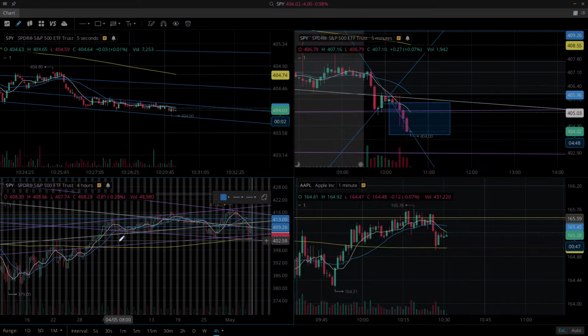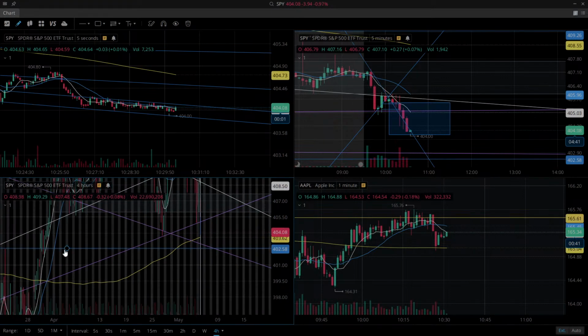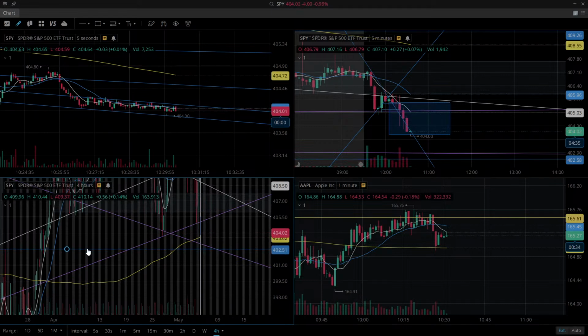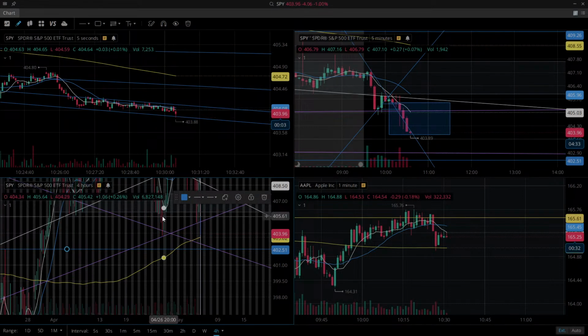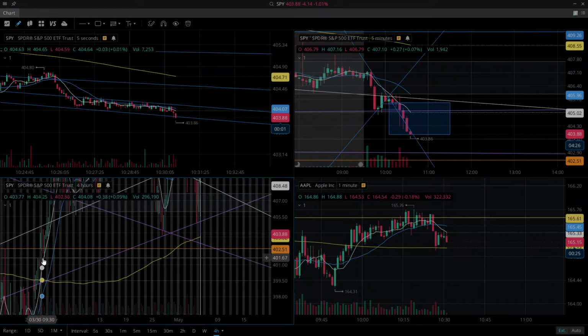Let me set up the key support area here real quick. Blow this up so I can see it better. There we go. Damn, you're not going to stop on 402.50, but close enough. Make that orange. I'm going to lock that so I don't drag it all over the place.